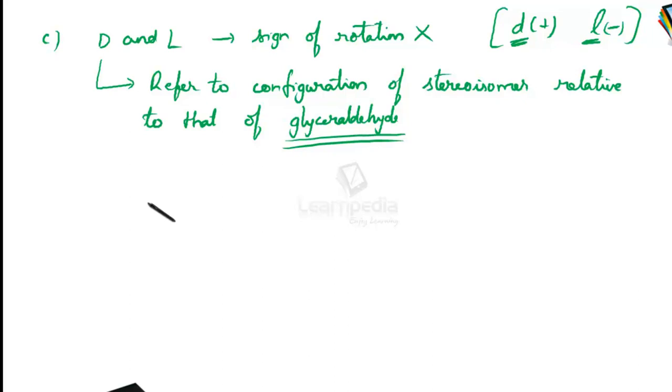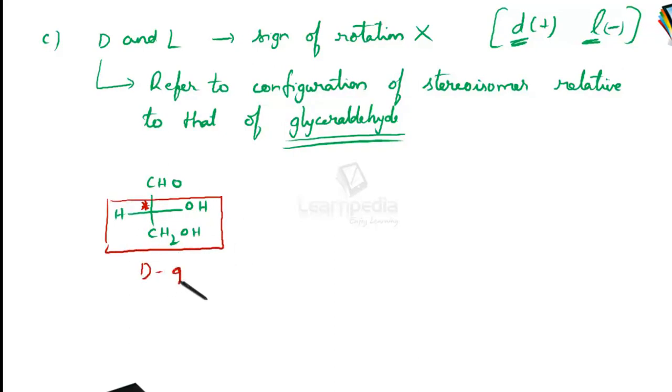And what is glyceraldehyde? This is the structure of glyceraldehyde. In this one, this is the chiral carbon. So on this chiral carbon, whenever the OH group is on the right hand side, this is called D-glyceraldehyde.